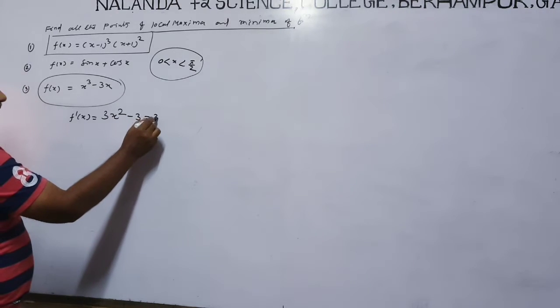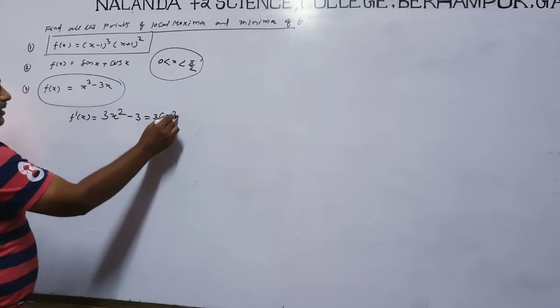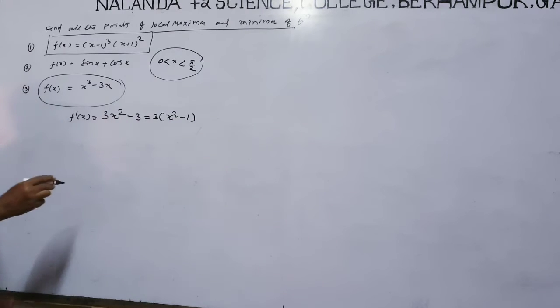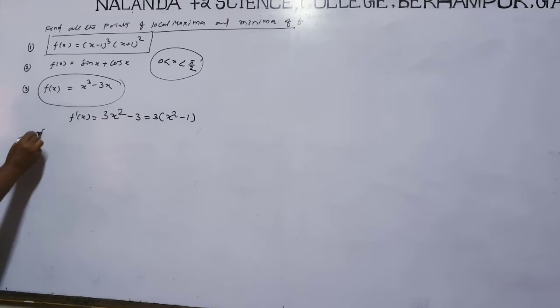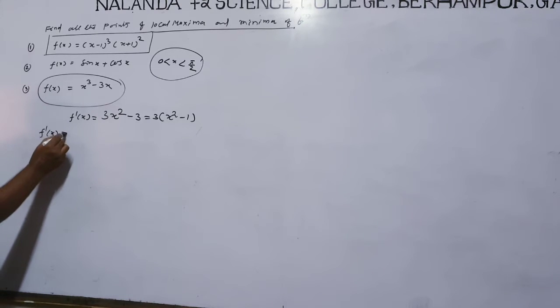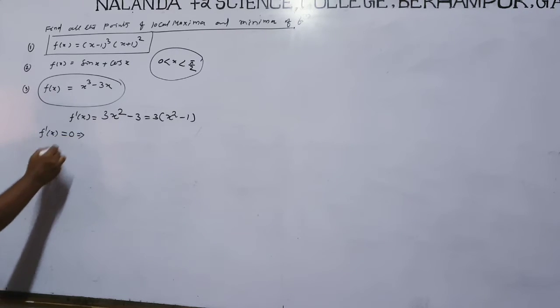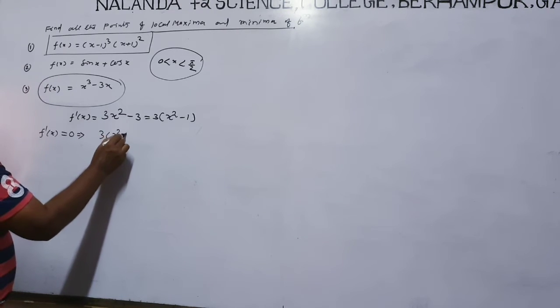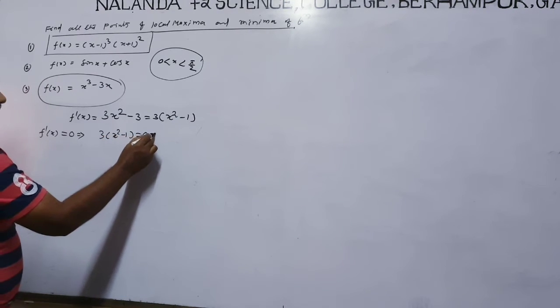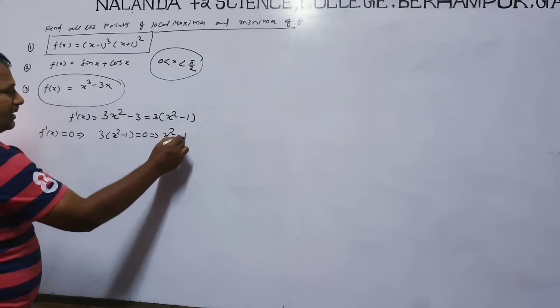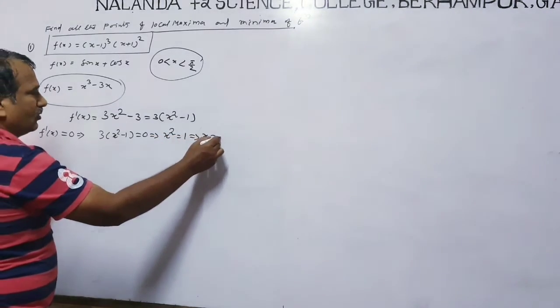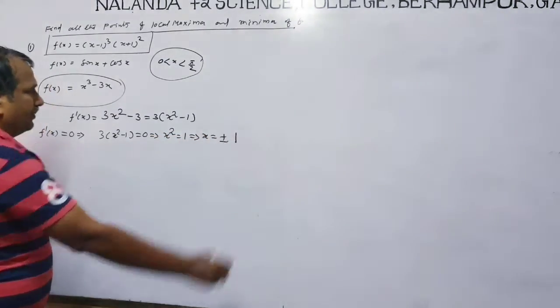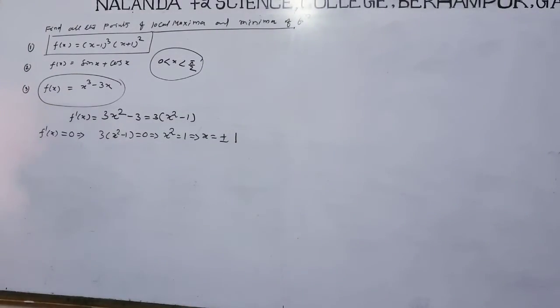Take out common 3: x square minus 1. Now f dash x equal to 0, so 3 into x square minus 1 equal to 0, so x square equal to 1, x equal to plus or minus 1.